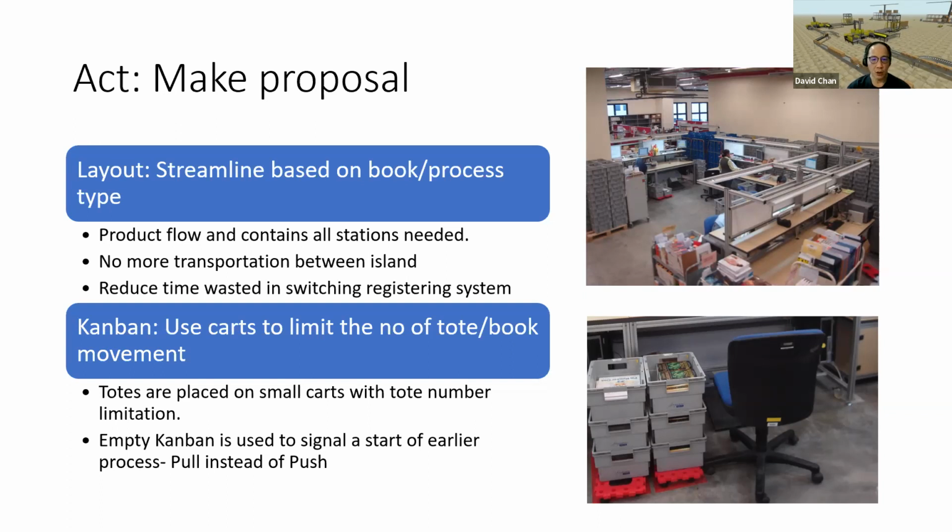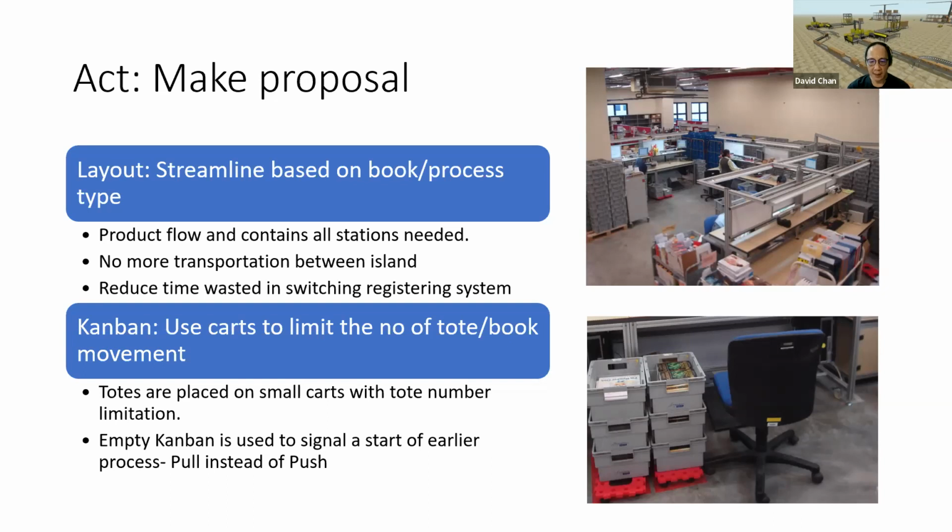So if there are no carts, which we use as the Kanban, as you can see in the picture on the right-hand side, each cart has a number of books allowed to be stacked on top. If they do not have this cart, they cannot process anything. They cannot process the book and place it on the table. It is not allowed. So they must base it on the availability of carts.